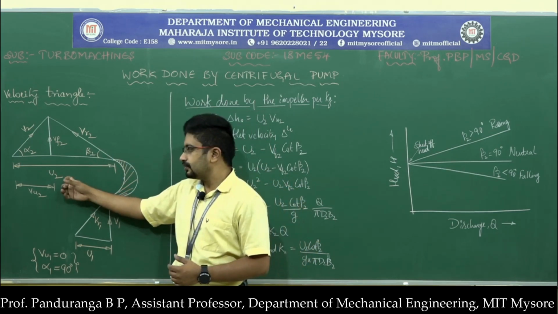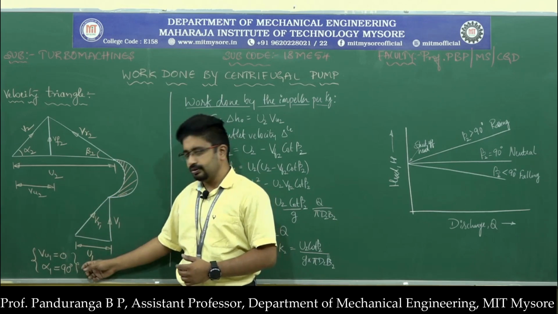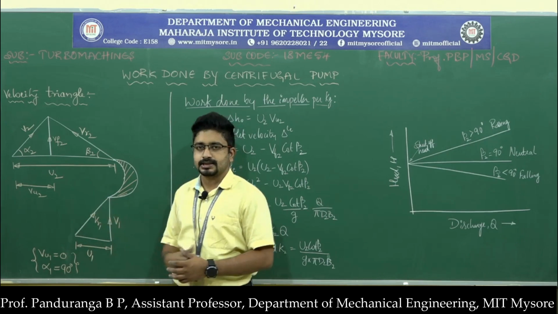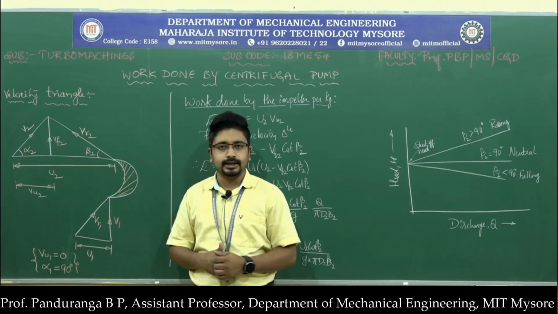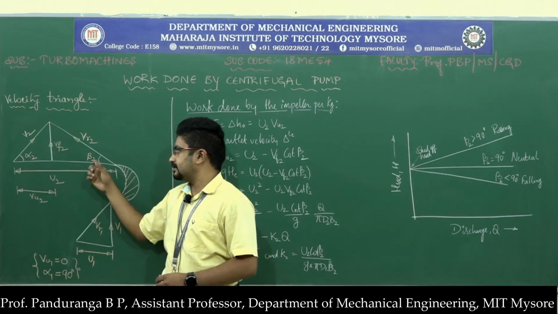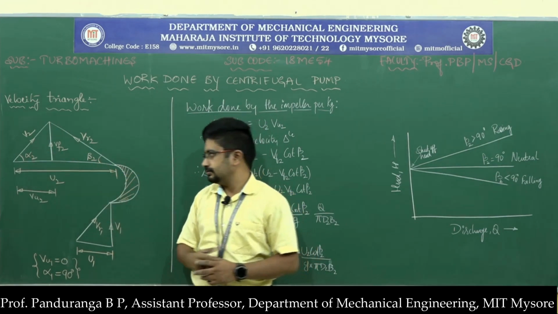So because of that, U2 will be greater than U1. So U1 and U2 will not be same in this case or in any radial flow machines. This is the angle alpha 2 and this is the angle beta 2.